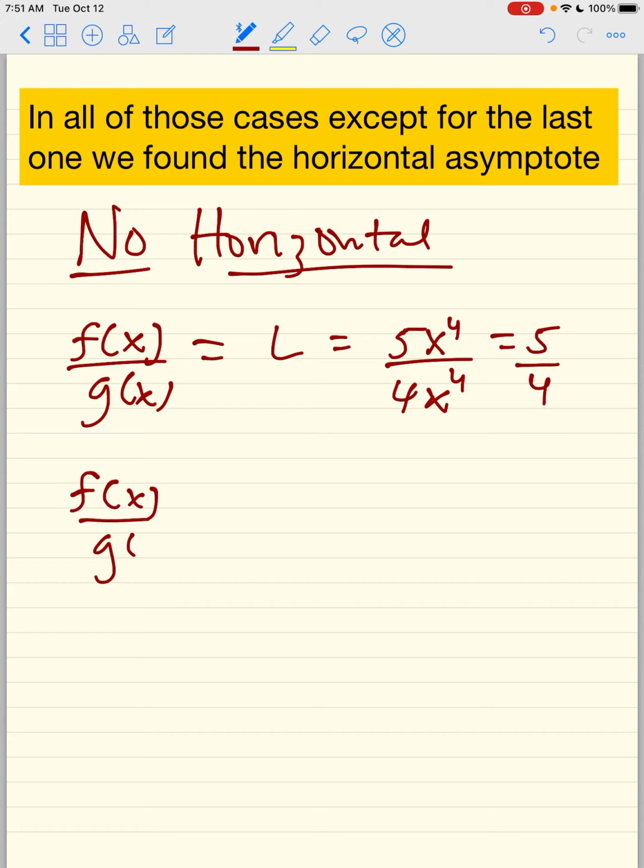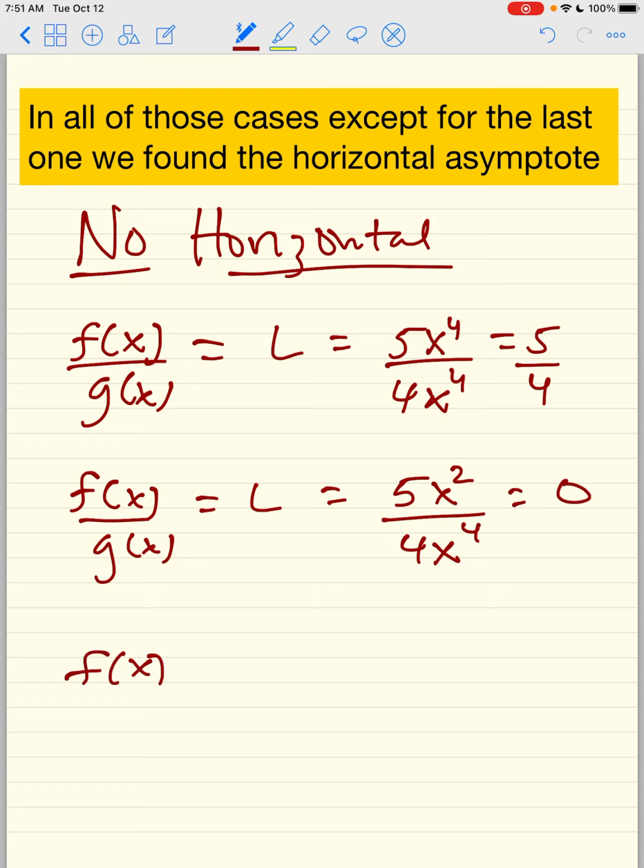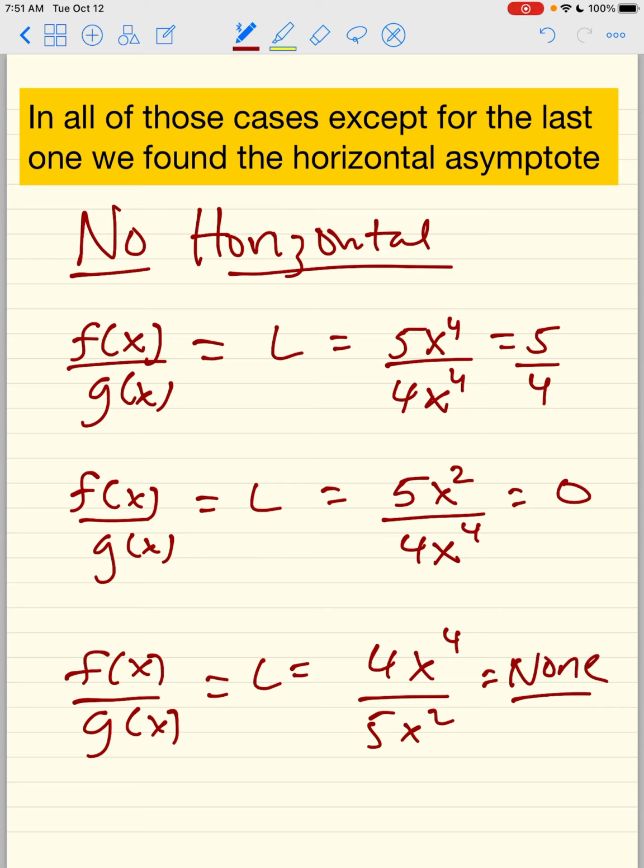We said that the limit, if they don't match, but the bottom is higher, is going to be 0. Well, what if the top was higher? Well, if the top was higher, then we say none. There's no horizontal asymptote, okay? If the top is higher, think about it. It's most likely gonna go up if it's positive or all the way down if it's negative. There's gonna be plenty more in the numerator than the denominator. So those are your 3 cases.